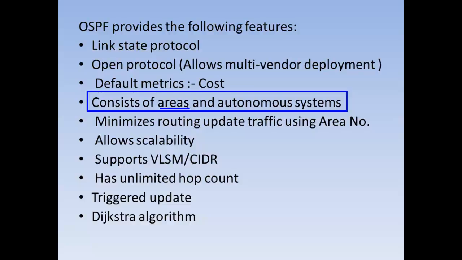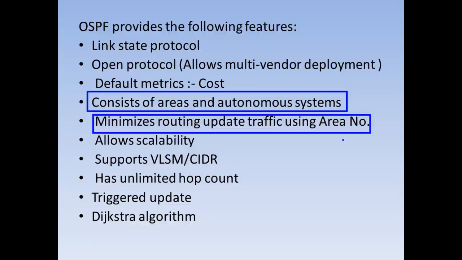Because OSPF is a vast protocol, it can be configured on a very large enterprise network. So to minimize the traffic in the network, we divide a big network into small areas. I will explain the area also in my next video.